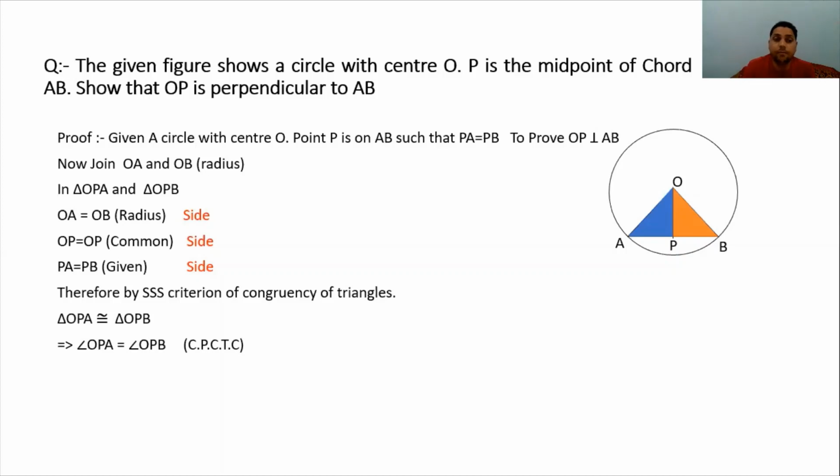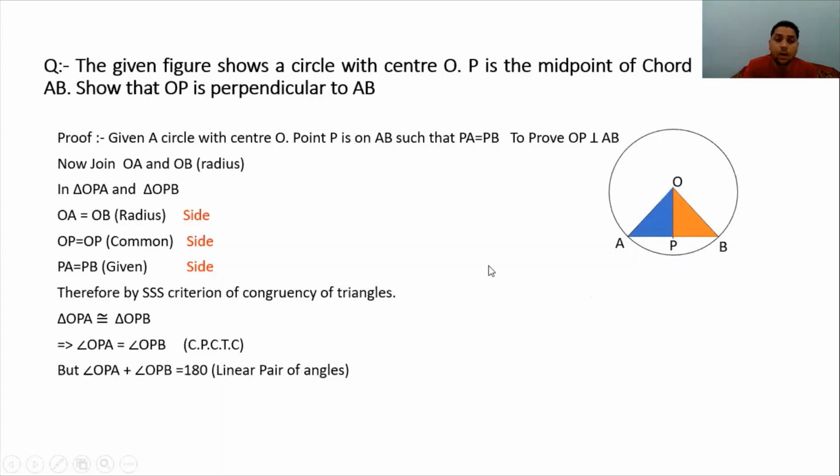We have to show that angle OPA is 90 degrees. Since the two triangles are congruent, angle OPA is equal to angle OPB by CPCTC, that is, corresponding parts of congruent triangles are congruent. Now we have to prove that these two angles are 90 degrees each.